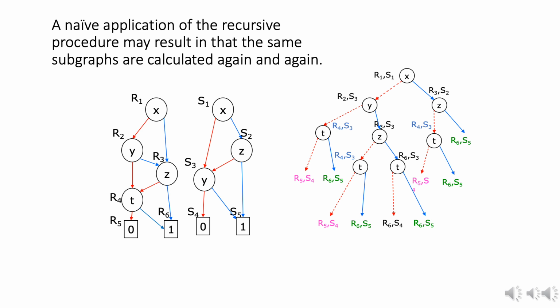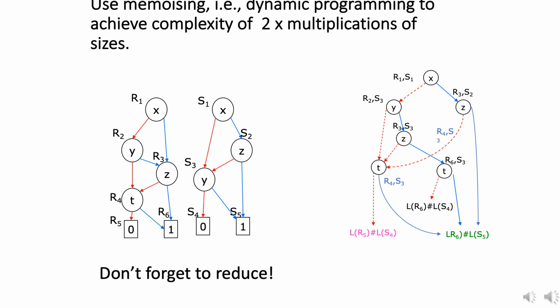In order to solve that problem, we use a dynamic programming principle called memoizing, where each time that we calculate the function with two parameters, we keep the result of that calculation, and next time that we reach a call with the same parameters, we do not calculate again, but use the old result.